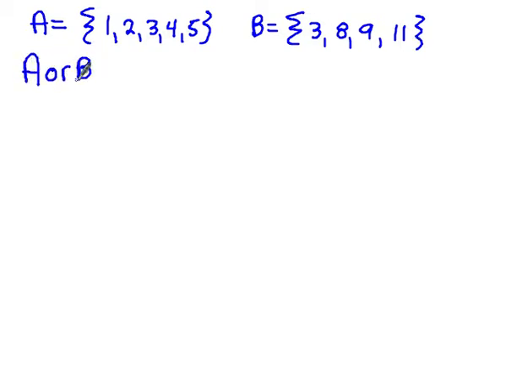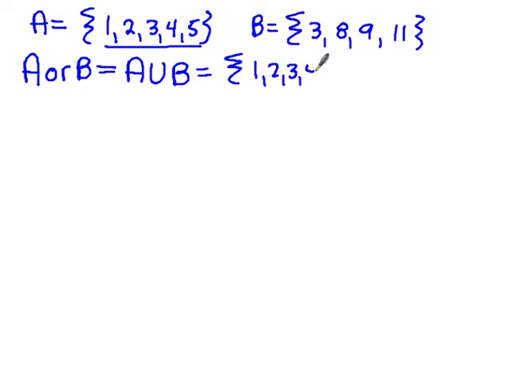A or B is written as A union B. It says what's in both sets, and you put them together. If it's a union, it's 2 separate things coming together. So A union B would be everything that's in set A, 1, 2, 3, 4, and 5.